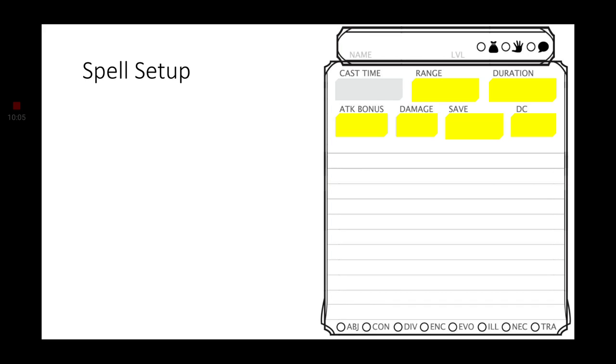We also have the different schools of magic to consider, because there are abilities and other spells that take the school into consideration. Abjuration, conjuration, divination, enchantment, evocation, illusion, necromancy, and transmutation. So having those in consideration when making your spell is really important.